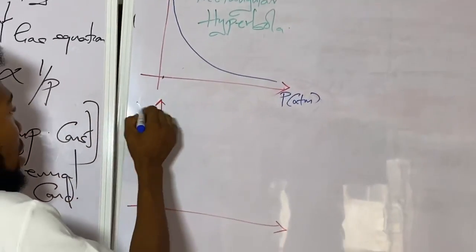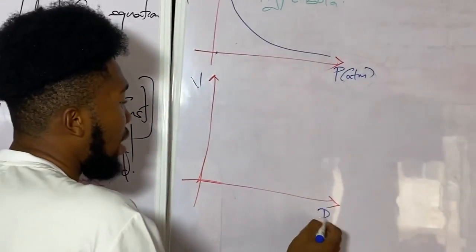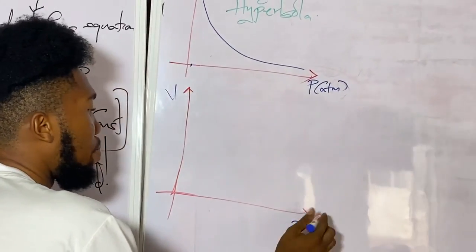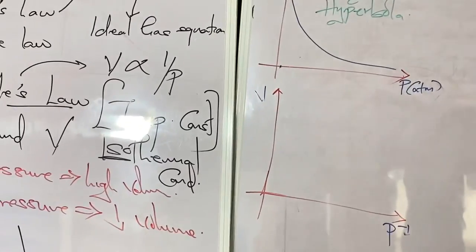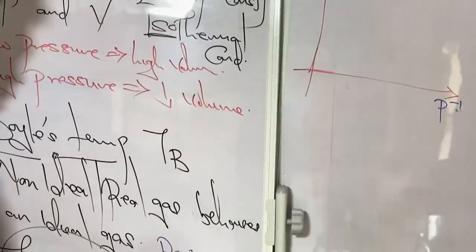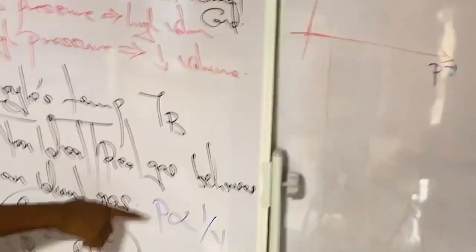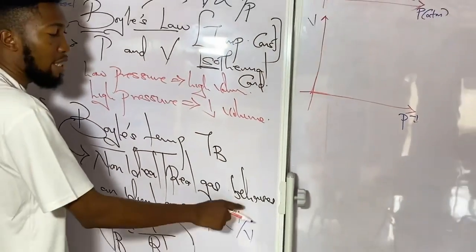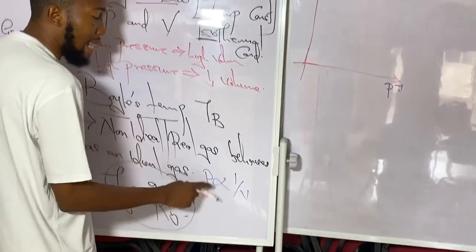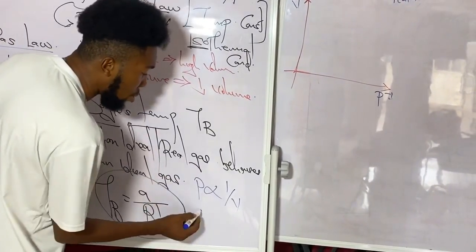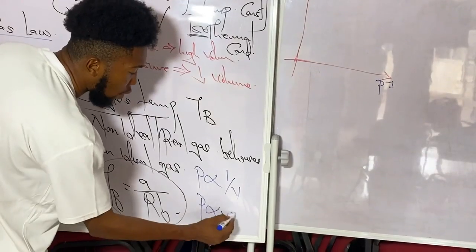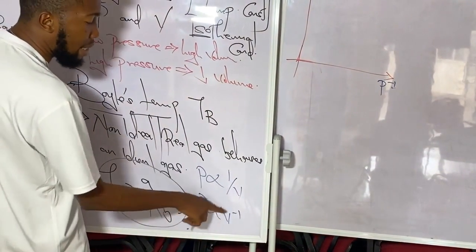But when you are plotting a graph of V against the inverse of P, or P against the inverse of V, I want you to check this statement. When you have P inversely proportional to V, this statement means pressure is inversely proportional to volume, and can also mean pressure is directly proportional to the inverse of volume, because 1 over V is still like this.